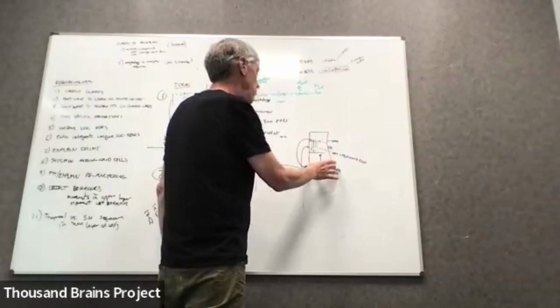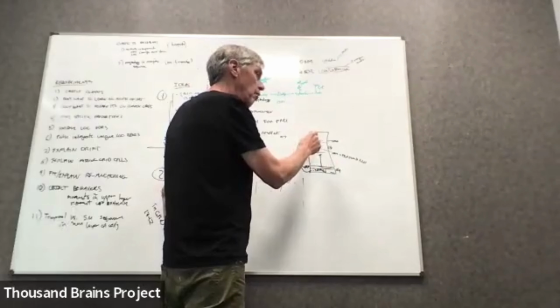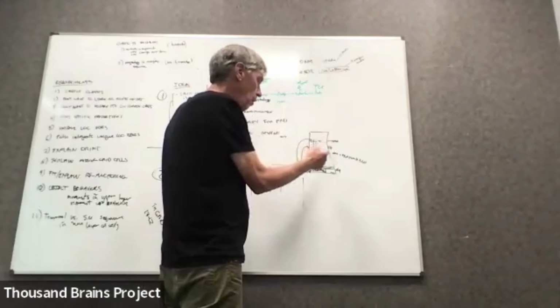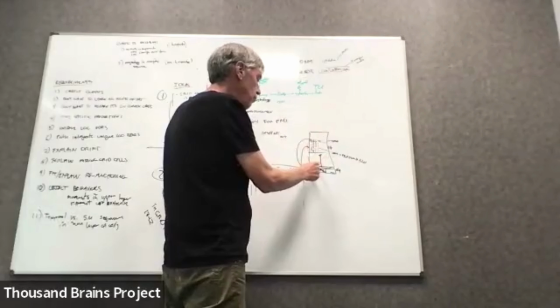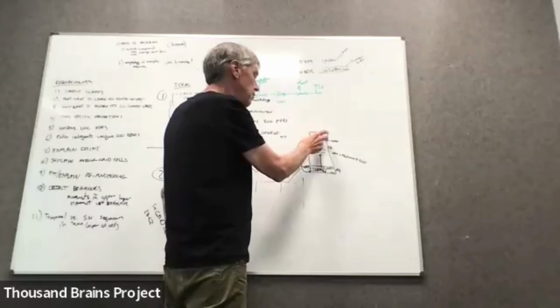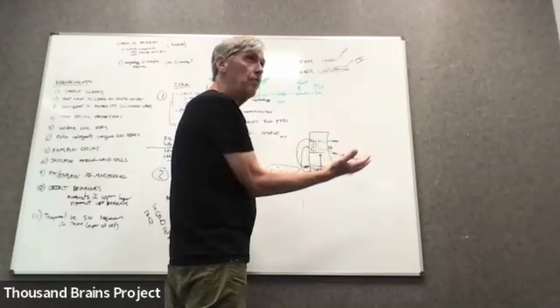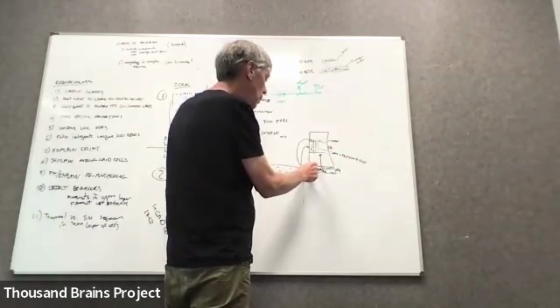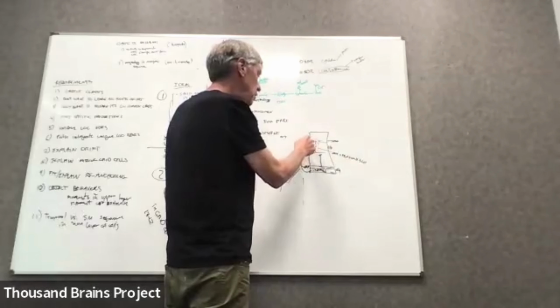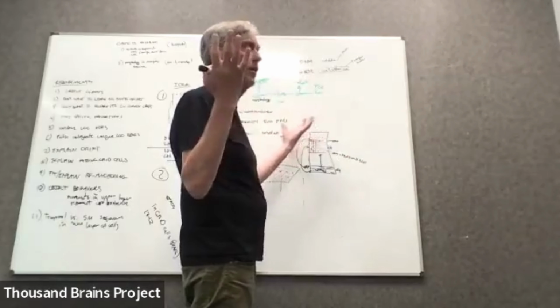They may correspond to the number of ways I can represent morphology. So as I go through these locations, I can say there's an edge at some orientation at that location. That's all I know. So they would be path integration with basic morphology, featureless shapes.